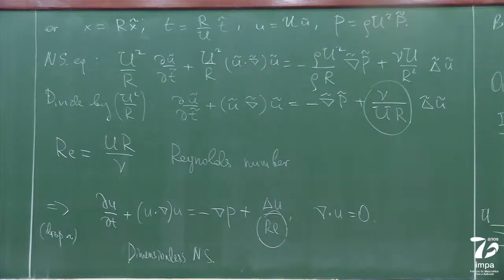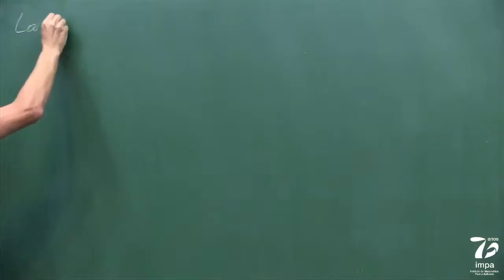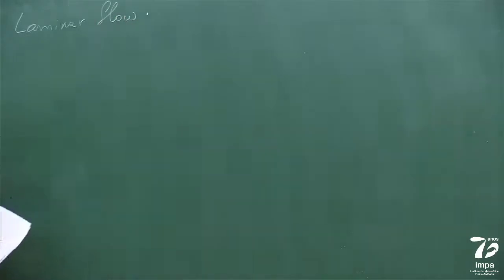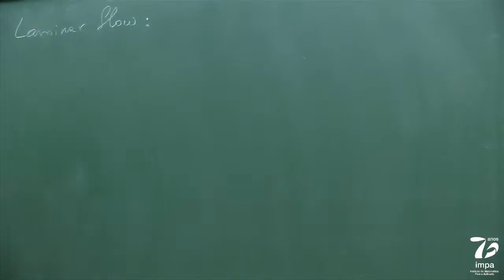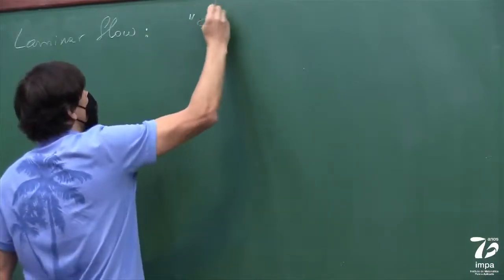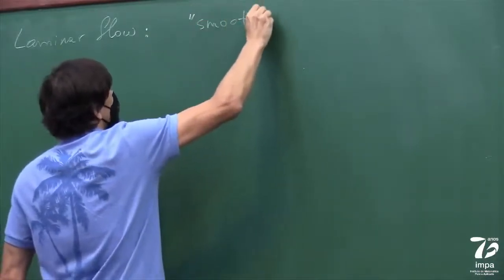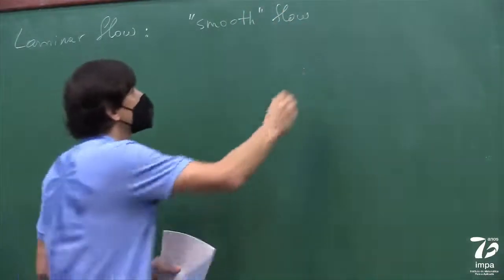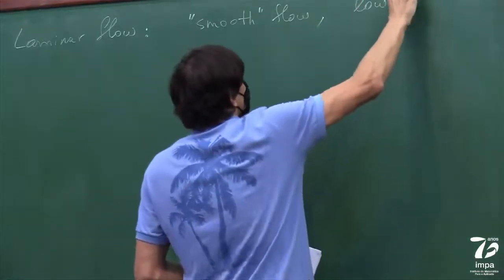So essentially, the conclusion is that in fluid dynamics you can distinguish between two situations. One situation is called laminar flow. It's not a mathematical definition, but rather an engineering point of view. Laminar flow refers to some kind of smooth flow, where everything happens nicely, and it corresponds to low Reynolds number.